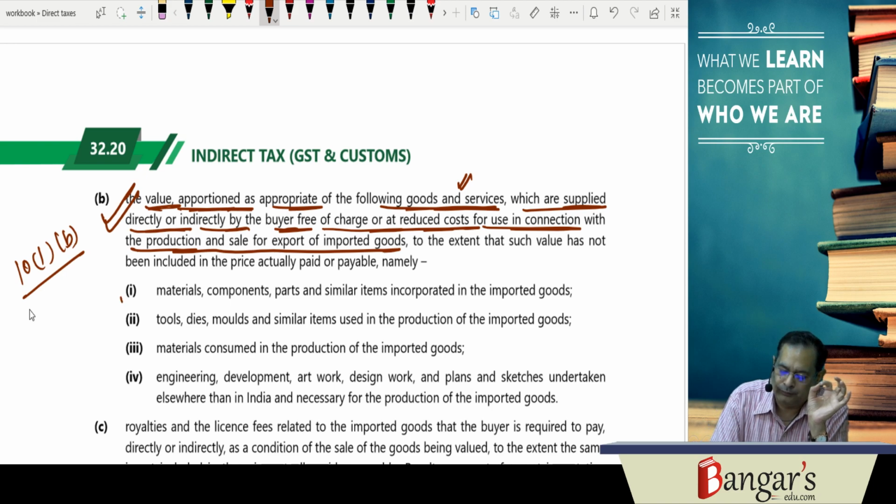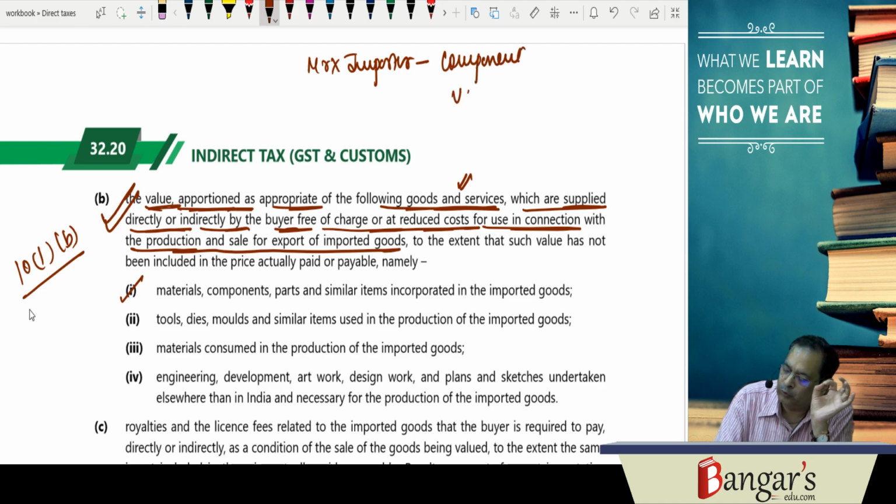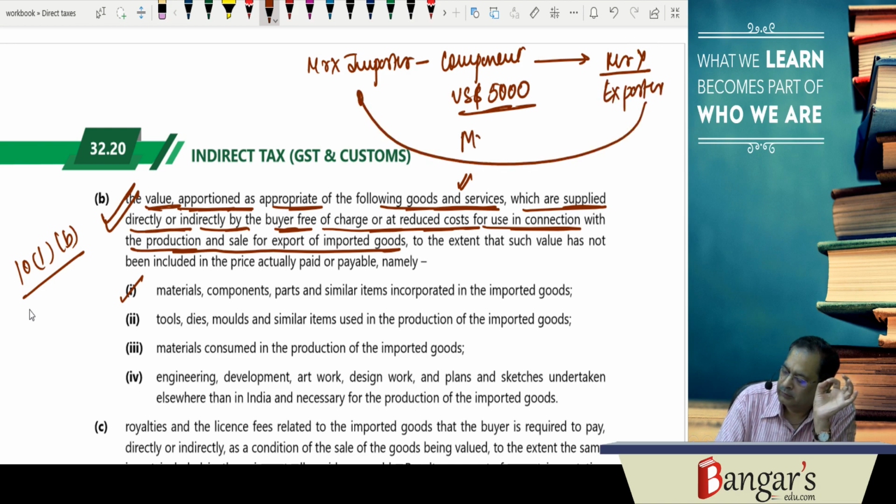Say Mr. X is the importer. He provides, say, a component. This component is worth US dollar 5,000. The component of the machine is provided to Mr. Y, the exporter, and this machine is given for US dollar 1,50,000.